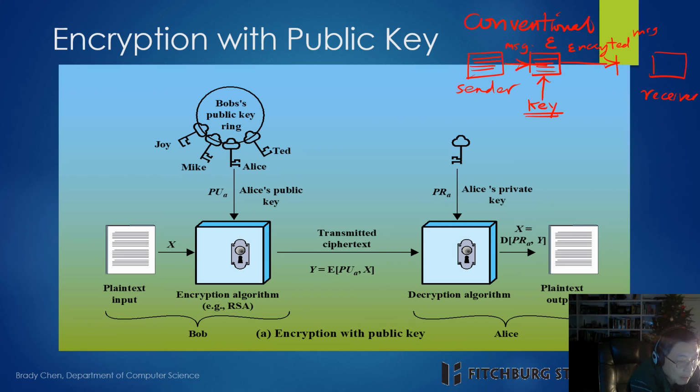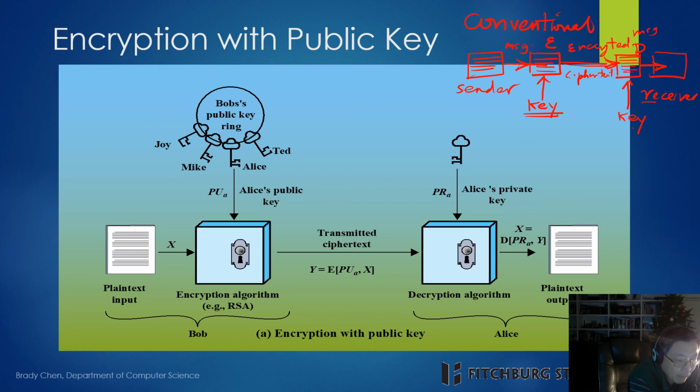Now, on the receiving side, there is also an algorithm called the decryption algorithm. We use D. The decryption algorithm is going to decrypt the message based on the encrypted message, or ciphertext, and the key. So the ciphertext and the key are combined using the decryption algorithm, and then we can restore the message back to its original format, the plain text.